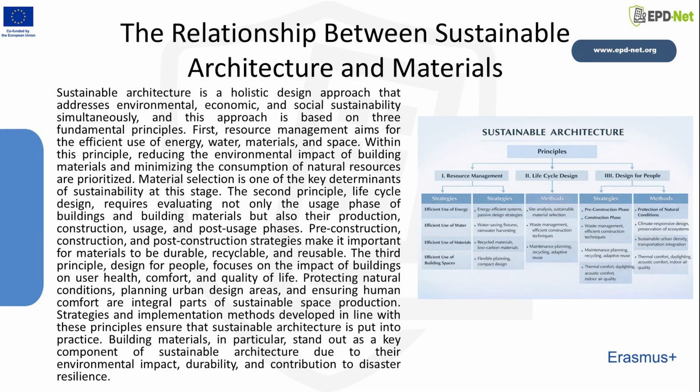Life cycle design means that a material should not be evaluated only during the usage phase of a building. Its pre-construction, construction, use, maintenance, and post-use phases should also be considered. This makes durability, reusability, recyclability, and maintenance needs central to material selection.